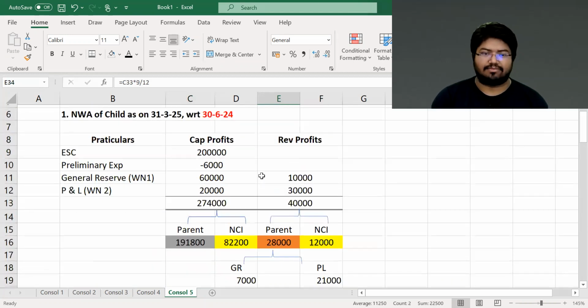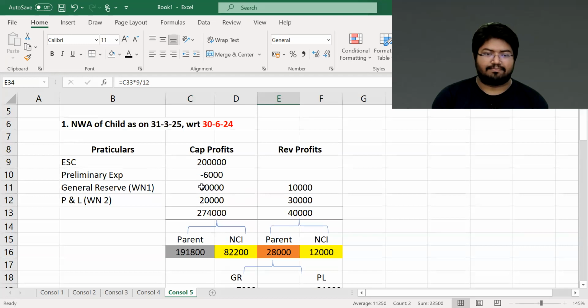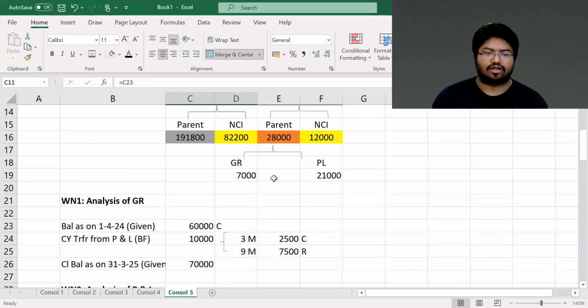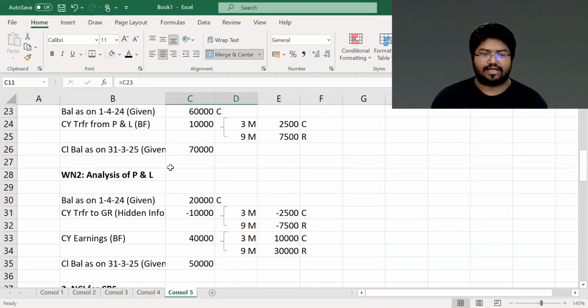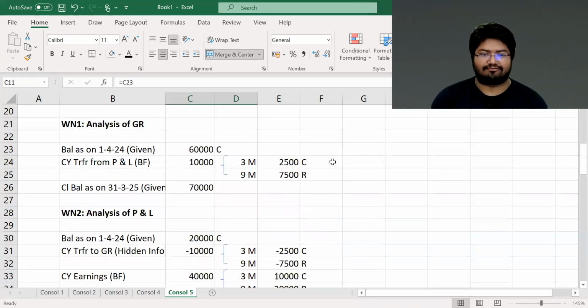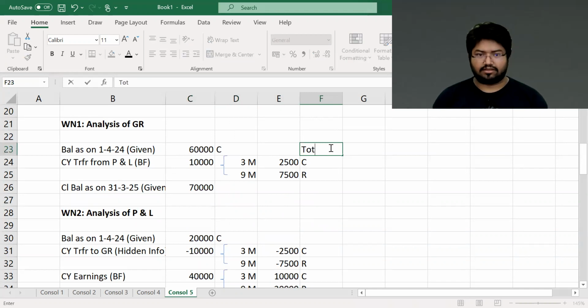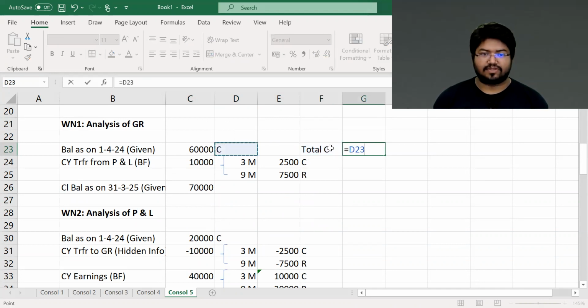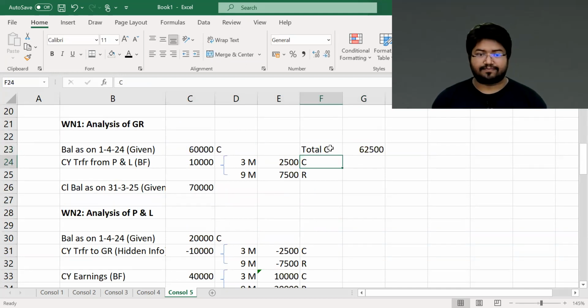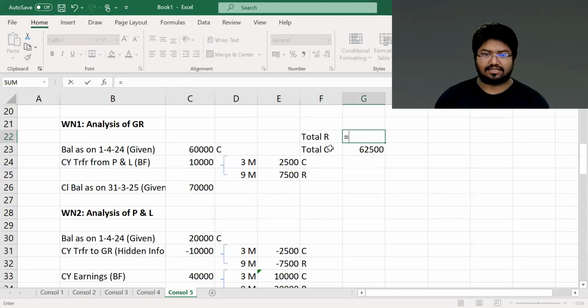So be extremely cautious as you pick the numbers. Please be specific in mentioning how you are taking those numbers. I would suggest, if you still have space on the right side somewhere, take total C and total R. I'm talking only about general reserve here.